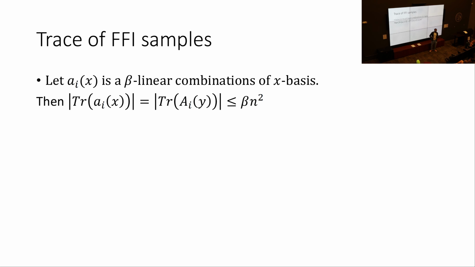What matters is that there is an upper bound on the trace of powers of x. And because the trace is invariant under basis transformation, the trace of the FFI samples is also bounded in absolute value by this factor of n square. This is just an intrinsic property of the trace.